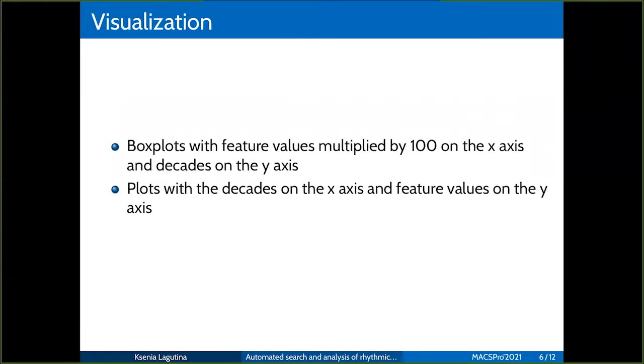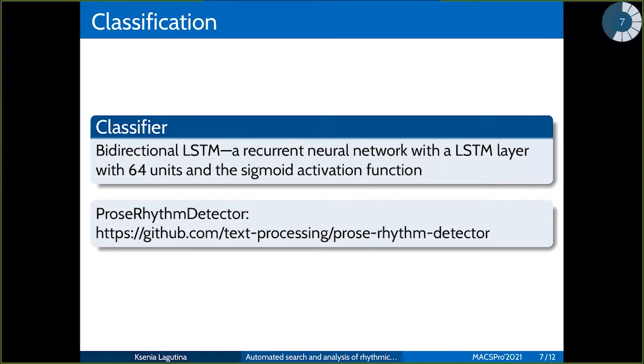After all, we visualize these features as box plots and plots. For classification, we use a bidirectional LSTM, a neural network with an LSTM layer. And on the slide, we have a link to the Prose Rhythm Detector, the tool in which we realize figure search, feature computation, classification, and visualization.